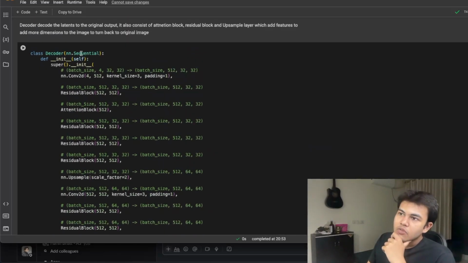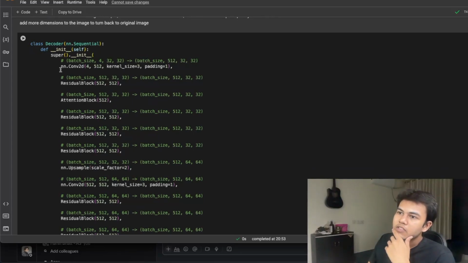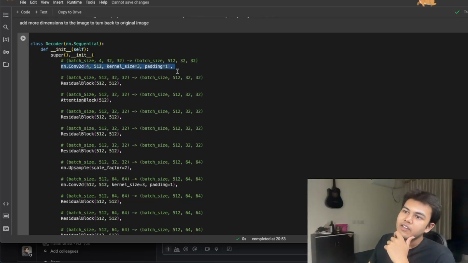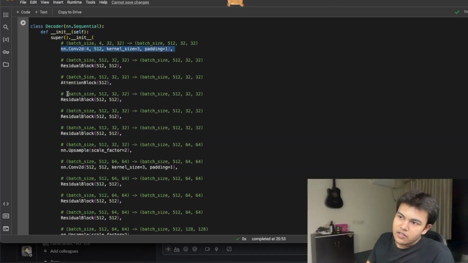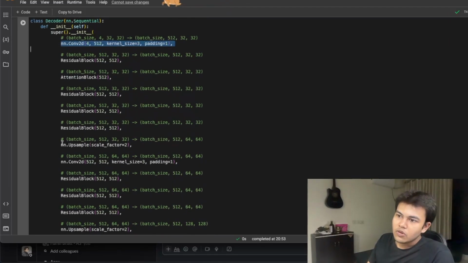Again, it's a sequential layer. It has various residual layers and Conv2d layers, and the main layer in here is upsample. So nn.Upsample is going to upsample by a factor.